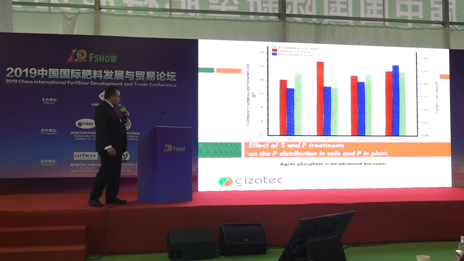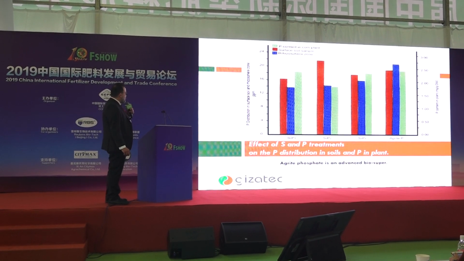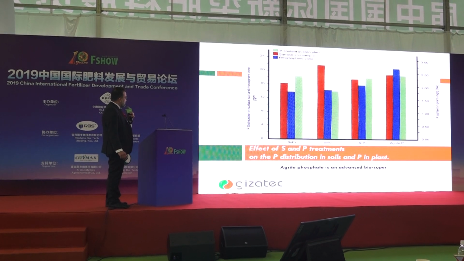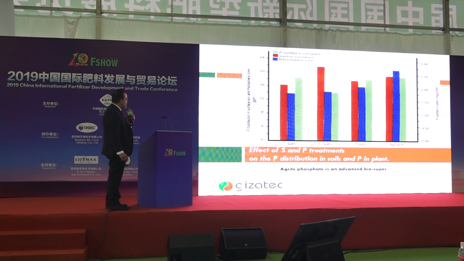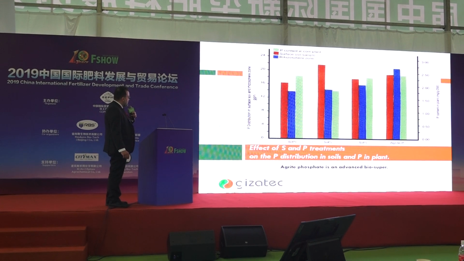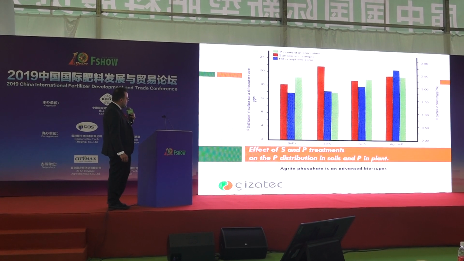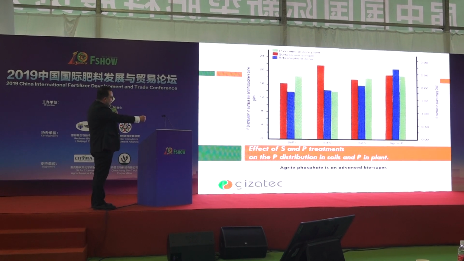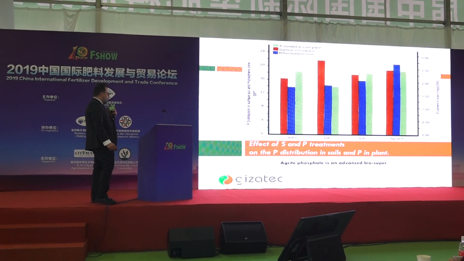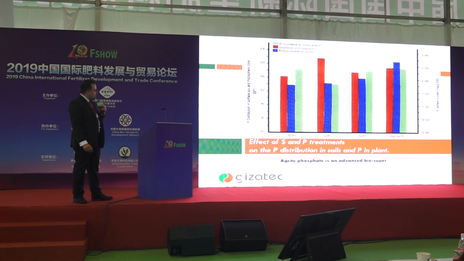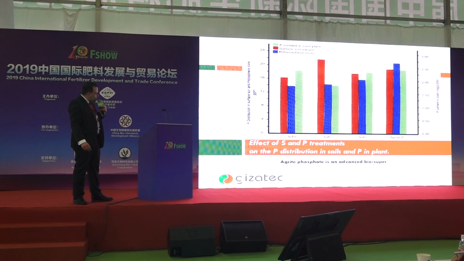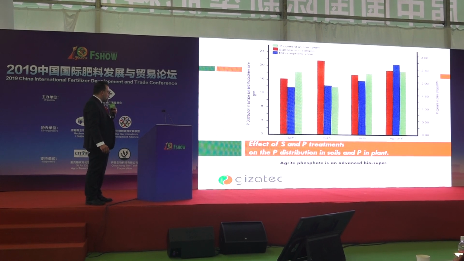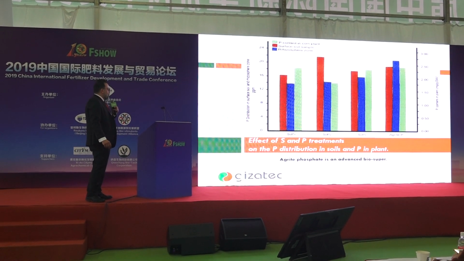If you check the different combinations, when you have zero sulfur and only phosphorus, most of the phosphate is retained in the surface. Also, in the second column, we double the amount of phosphorus with no sulfur. Yes, phosphate increased in the soil surface, but stayed very low in the rhizosphere zone.